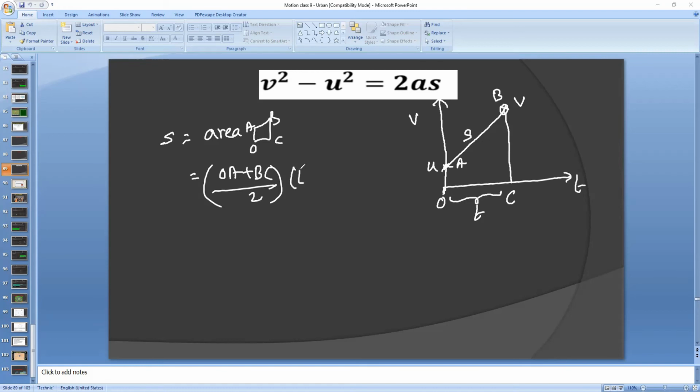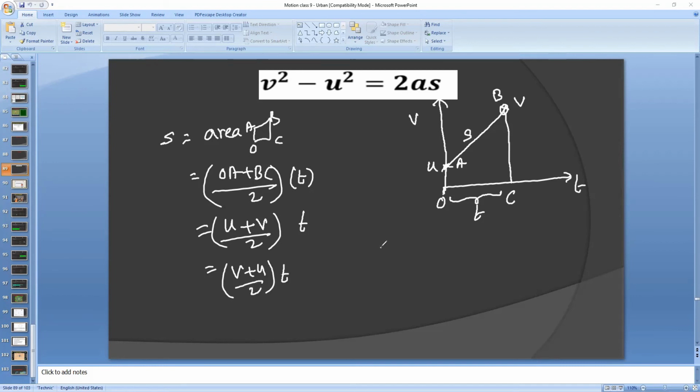Base will be time t. Now, OA is initial velocity u, BC is final velocity v, so (u + v)/2 into time t. We can reframe it as (v + u)/2 × t.